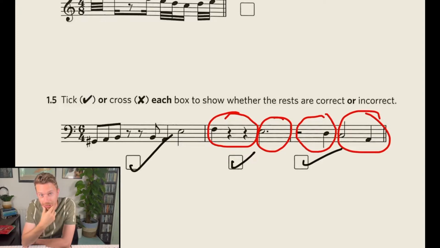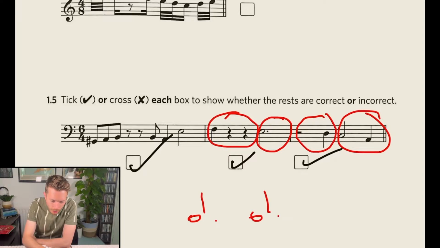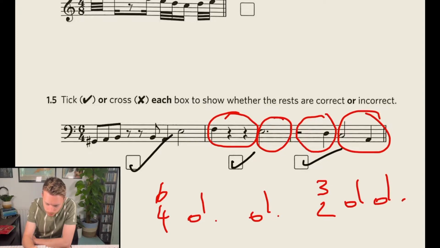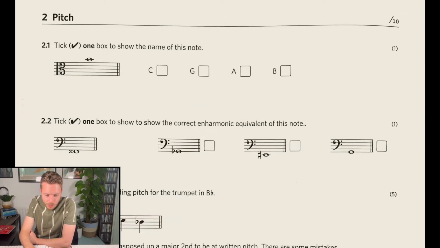So yeah, do correct me if I'm wrong here. But 6/4 is in 2 groups of 3 crotchets as opposed to 3-2, which is 3 groups of 2 crotchets. Okay, makes sense, hopefully. All right, let's move on.